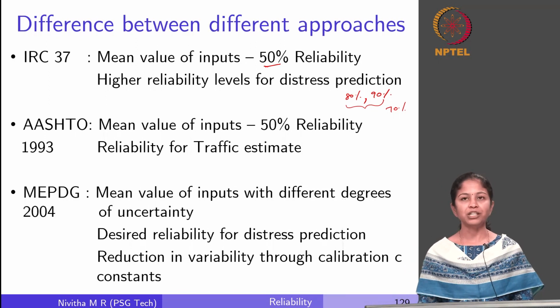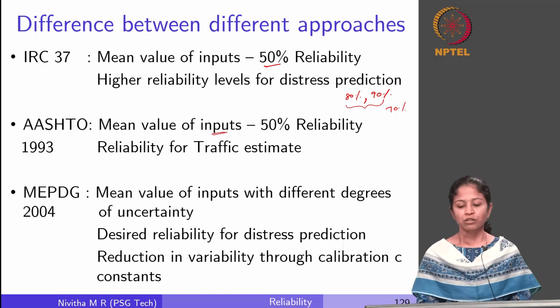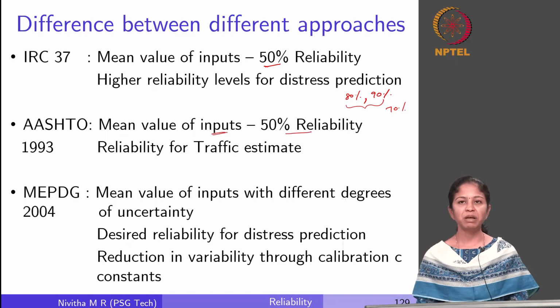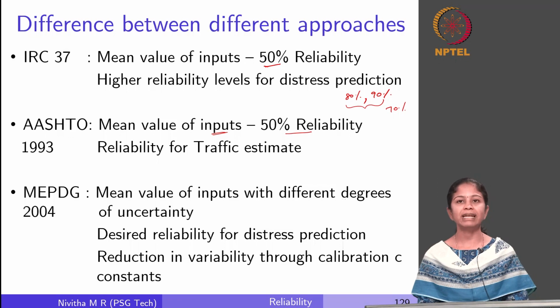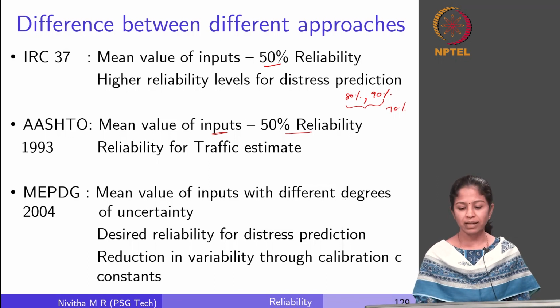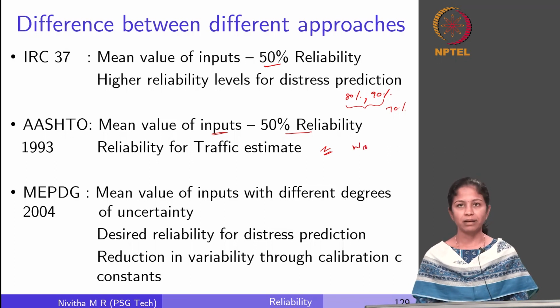Now, let us see the AASHTO 1993 approach. There also we are only using the mean value of inputs, right. So that also corresponds to 50% reliability only. But when it comes to the reliability, we can choose any reliability level, and correspondingly we will be computing the standard normal deviate and using it for computing W18, the number of repetitions, which we have already defined.